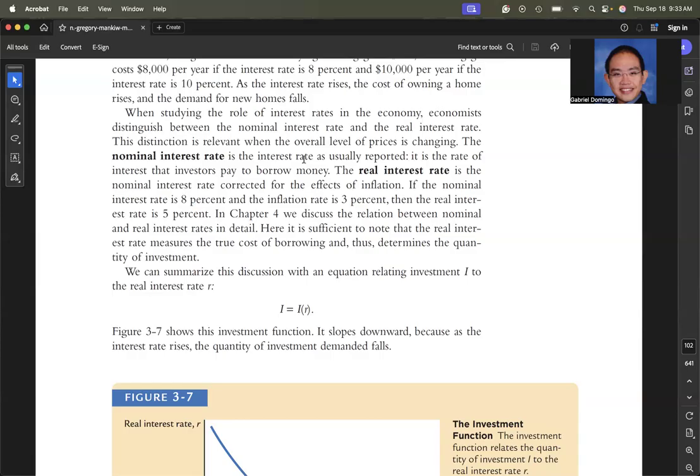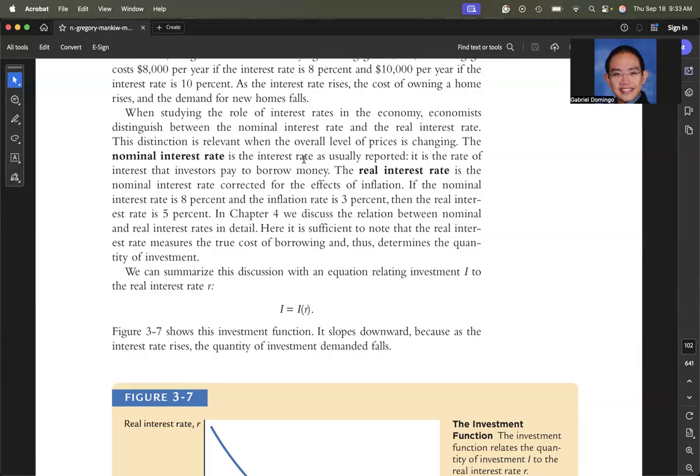If the nominal interest rate is 8% and the inflation rate is 3%, then the real interest rate is approximately 5%. Okay, so the mathematics here is in fact an approximation of what the real interest rate would be.